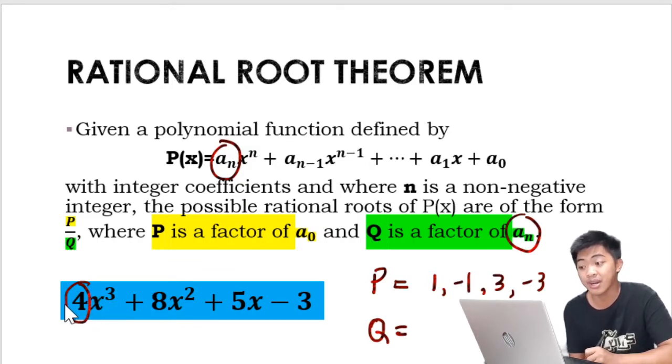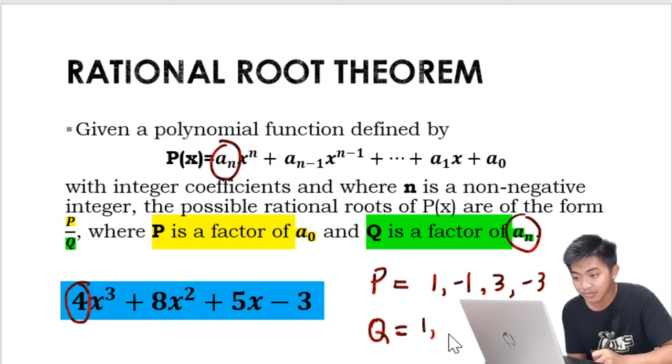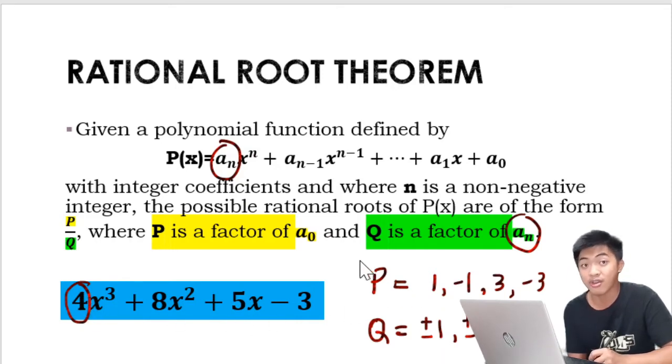Ano yung mga numbers na kapag ka-divide mo kay 4, hindi magkakaroon ng remainder? Marami actually yan. We can write it this way: positive and negative 1, positive and negative 2, and positive and negative 4. Ito yung mga numbers na kapag divide from 4, it will not have a remainder. So, ganun po ang pagkuha ng P and Q.